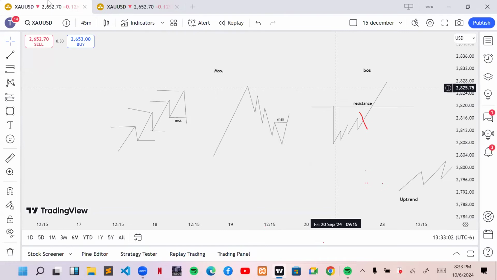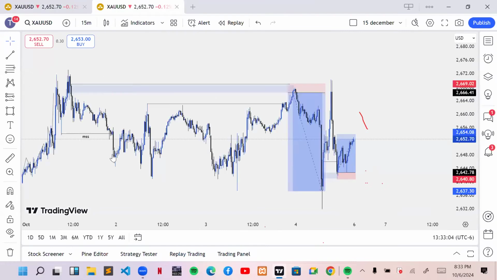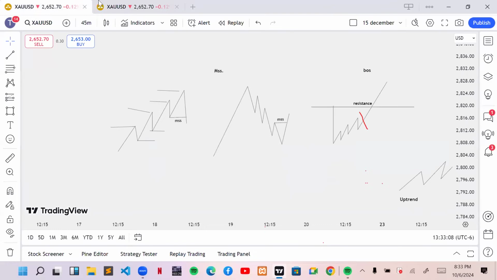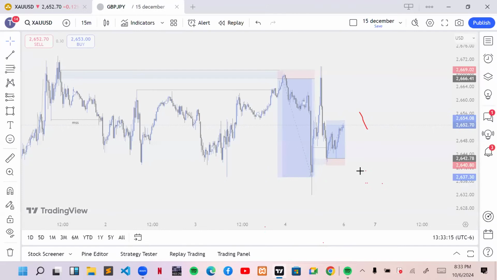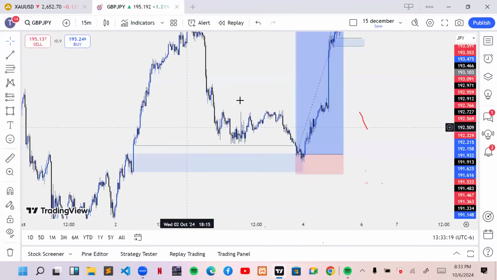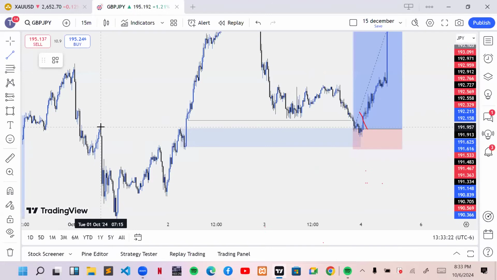So I gave a graphical example of the market structure shift here. Let me also find an example of a break of structure. So this trade, this is a resistance level in the market.